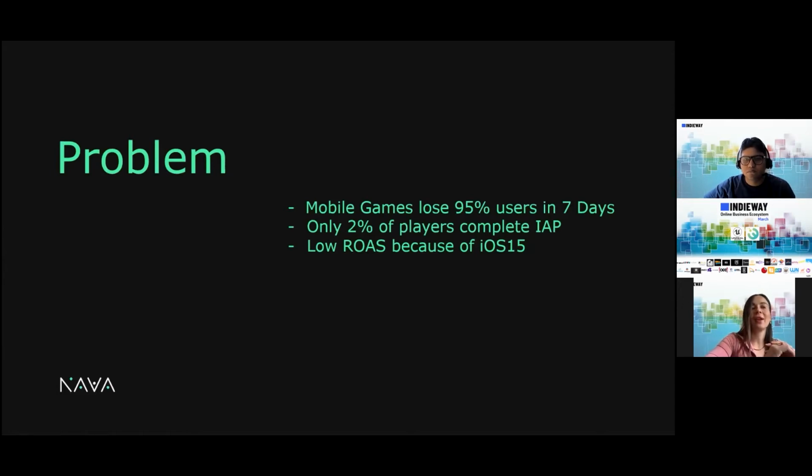This is really bad for the gaming industry, and we always try to increase the retention rate and the in-app purchase part. And of course, after iOS 15, there is a low return on advertisements, because ROAS started to decrease, as we cannot target the right users on the user acquisition part, for the bidding part. This is the biggest problem after iOS 15.